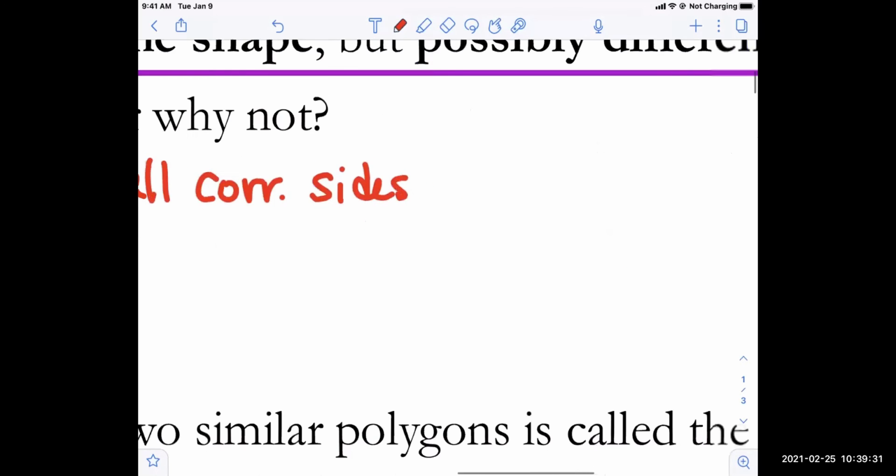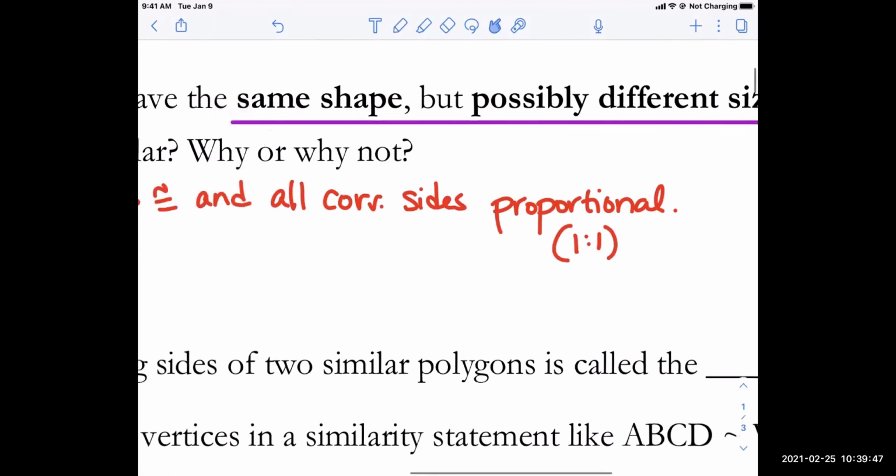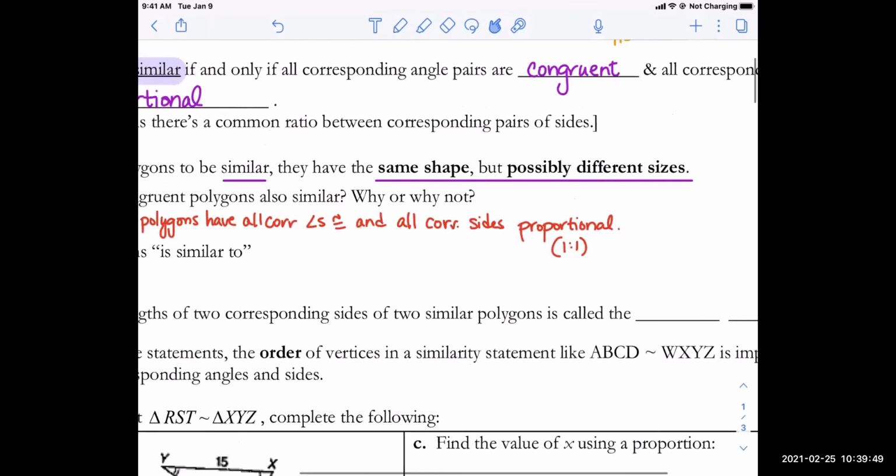What's the word again that means that they have a common ratio? Proportional. And again, the ratio would be 1 to 1 because they're congruent. It'd be like 5 to 5 or 10 to 10 or 27 to 27 or whatever.